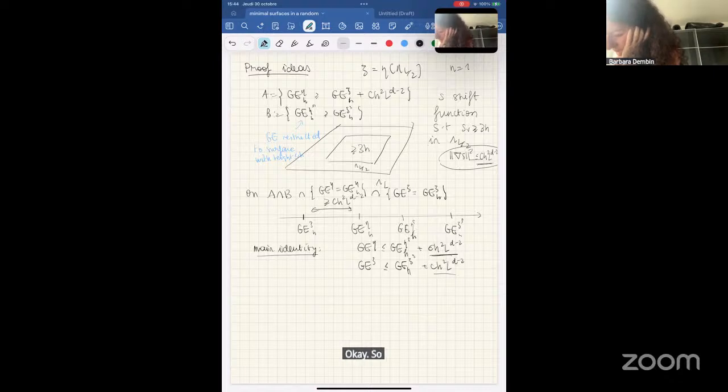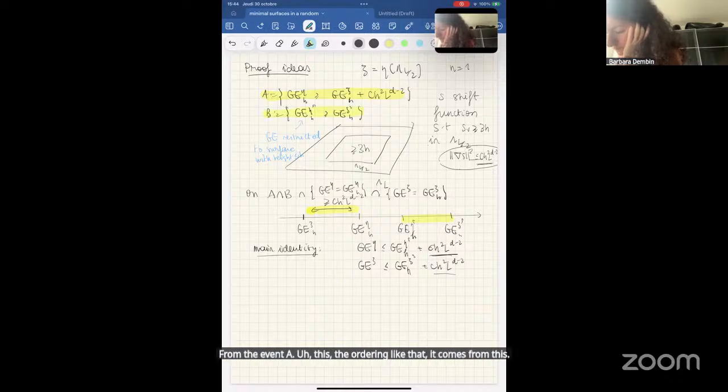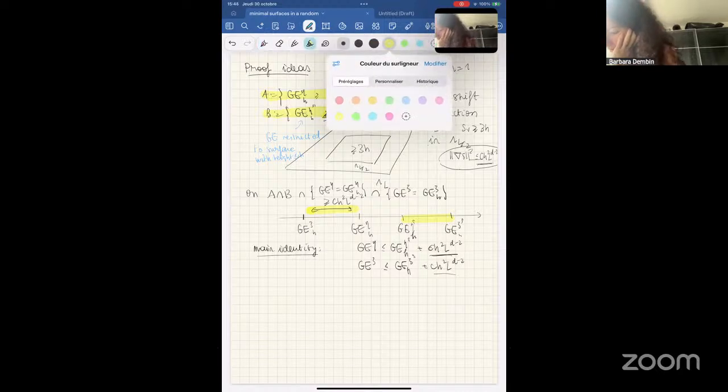Now, so this thing, the fact that they are far apart, it comes from the event A. The ordering like that, it comes from this. Sorry, I should change the color. And now what do we have?